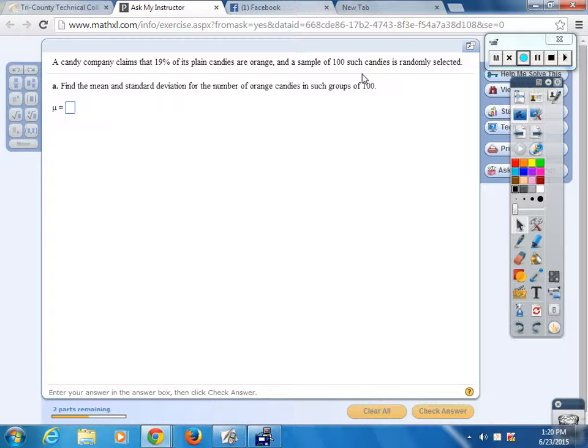So, what is N? 100. So, what is P? 0.19. So, let's take our three formulas and do the math.